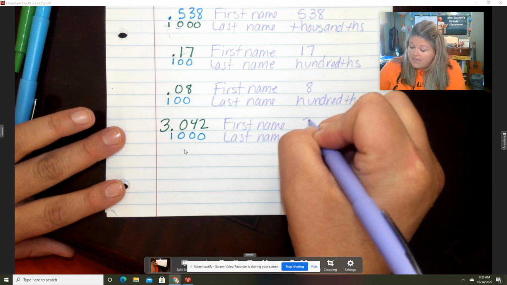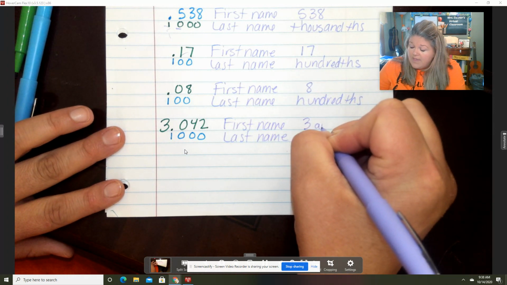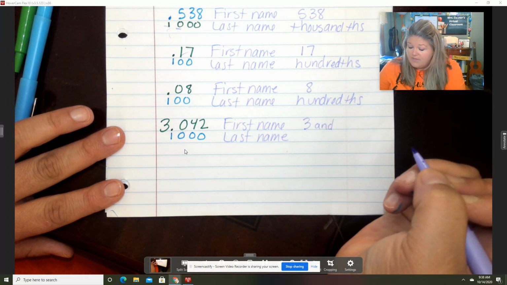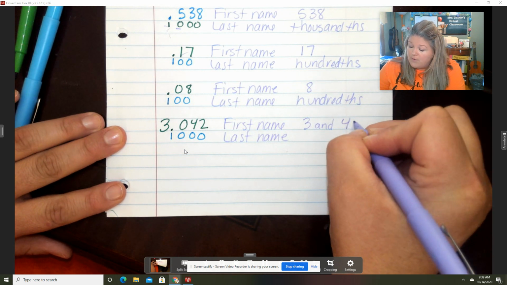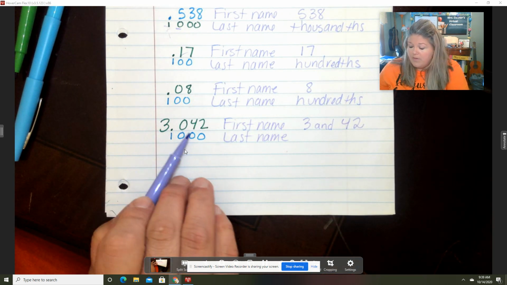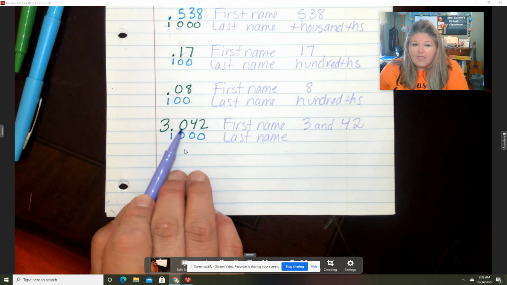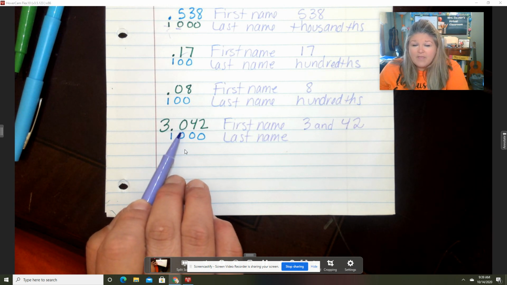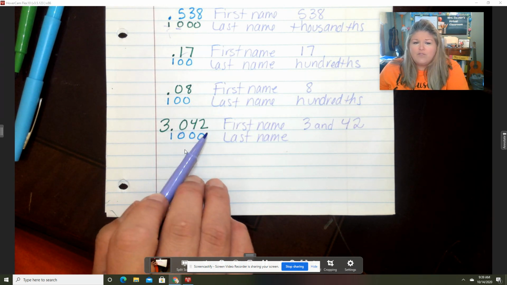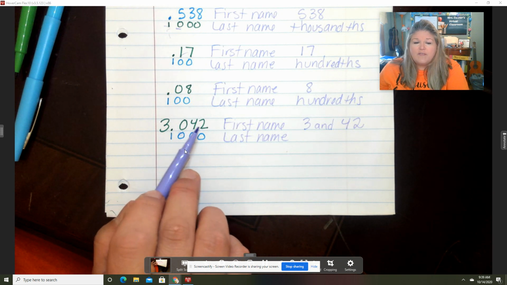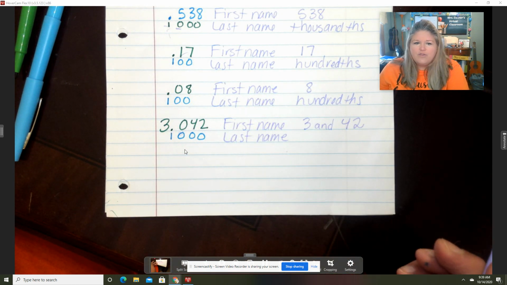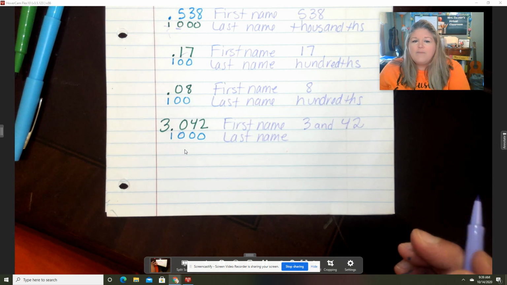So we're going to say 3 and, because our decimal is and, 42. Because I don't have a number in my tenths place value, but I do have a 42 on top. So I would just say 42. So 3 and 42 is the first name. What's my last name?